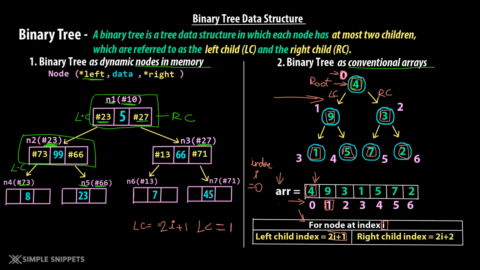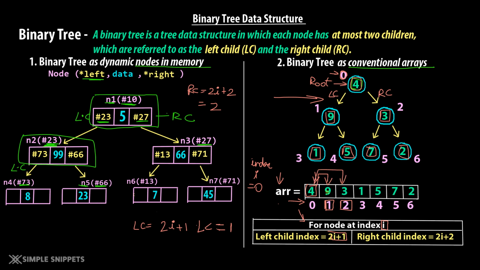Similarly for right child, let me write it over here, RC, we have the formula 2i plus 2. So again the root node is at index 0, so we substitute 0, so we get 2. So at index position 2, we store the right child for the root node. So for the root node the left child is 9, the right child is 3.